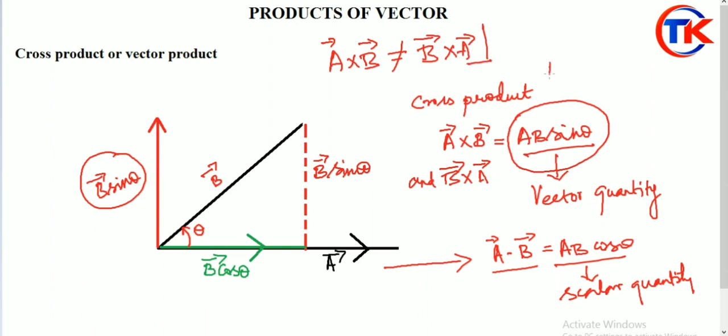But A dot B is equal to B dot A. That is, in the dot product, if we take A dot B, we get the same answer as B dot A, because we are dealing with magnitude in the dot product, right? Shall we see the example?